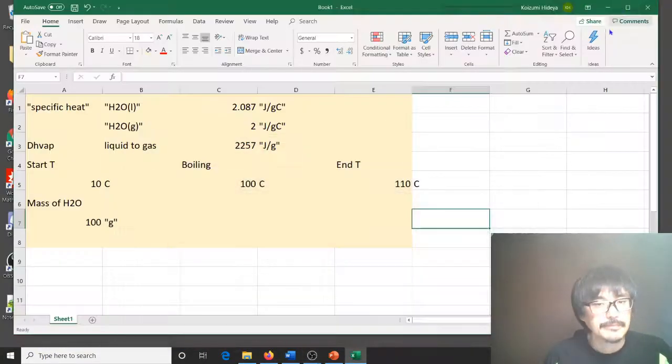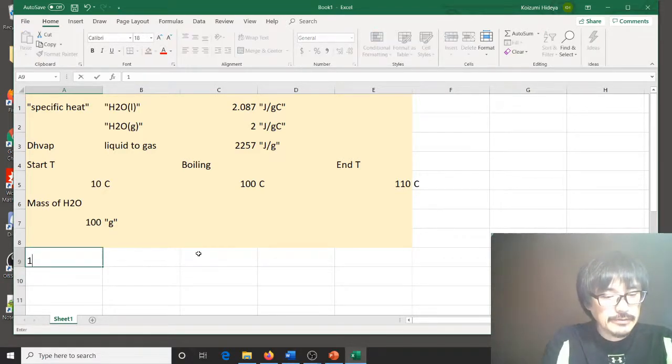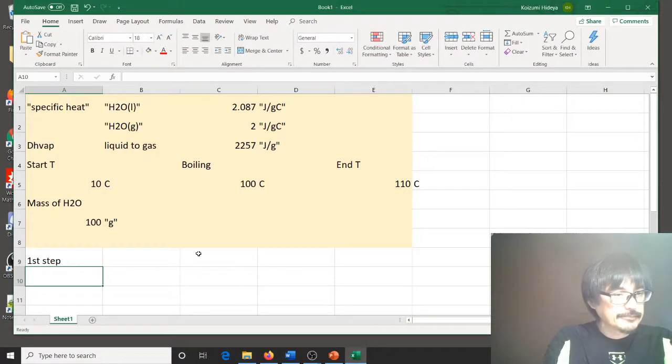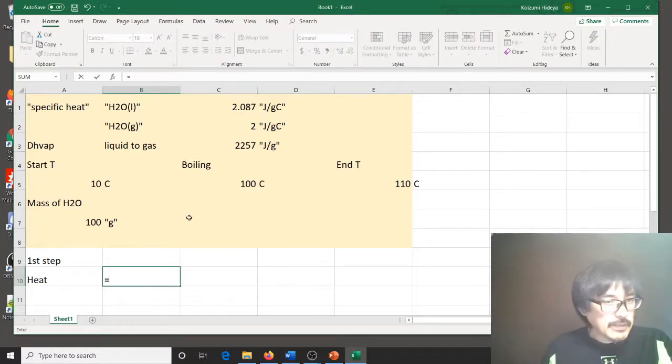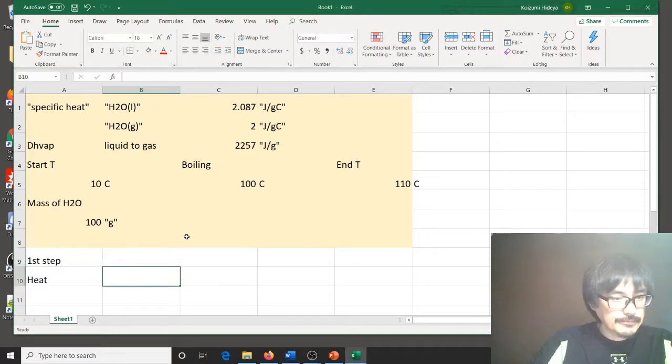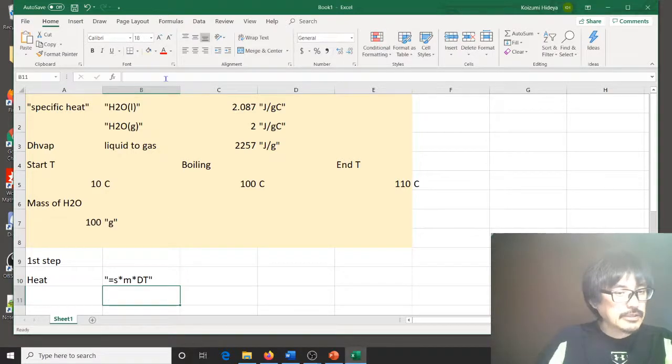Okay, so the heat required for the first step is specific heat, the formula is this, equal to specific heat multiplied by the mass multiplied by the delta T, right? Just try to be completely consistent.